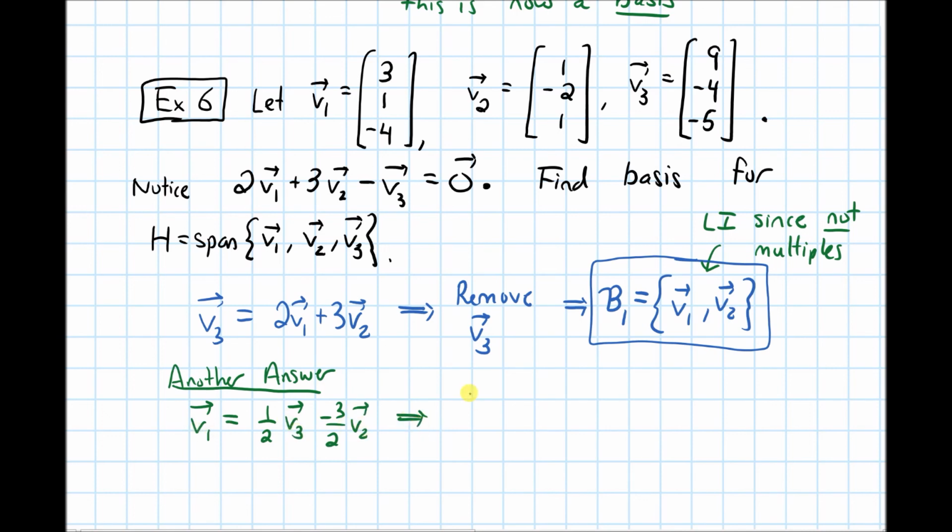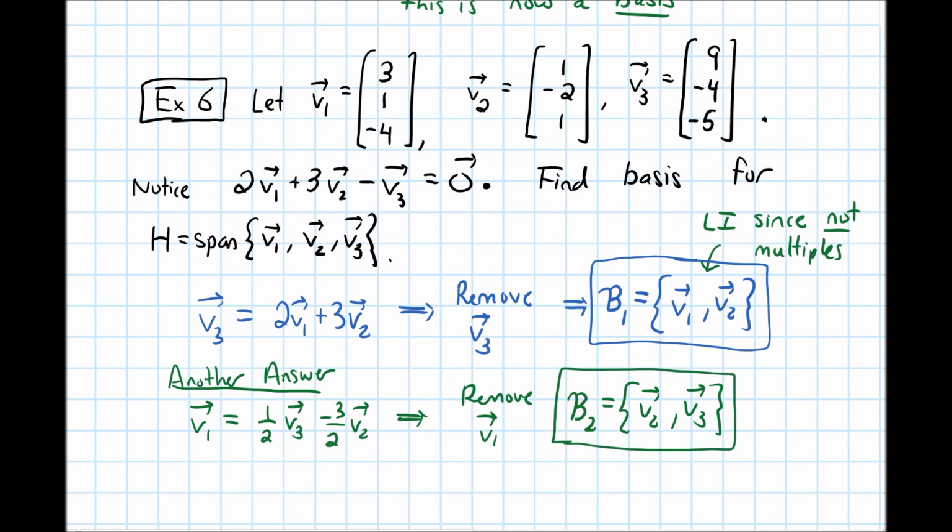So what if we now remove v1 from our set? And if I did that, I would have the vectors v2 and v3 left over. And are these multiples? Well, v2 and v3, by inspection, they're not multiples. So this is also going to be a basis. Let's keep this in green. So I'll call this one b2. And this is another answer.